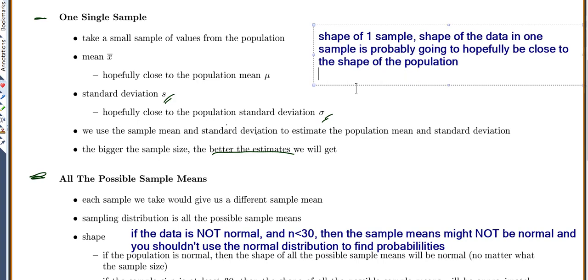It does not have to look normal if n is greater than 30. The only thing that has to look normal is the shape of all the possible sample means. The actual sample itself does not have to look normal, and the standard deviation doesn't have to get small as n gets big. Those are just some things I've been hearing people say.